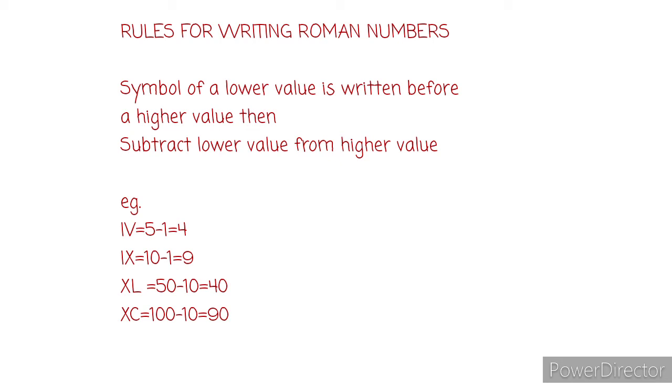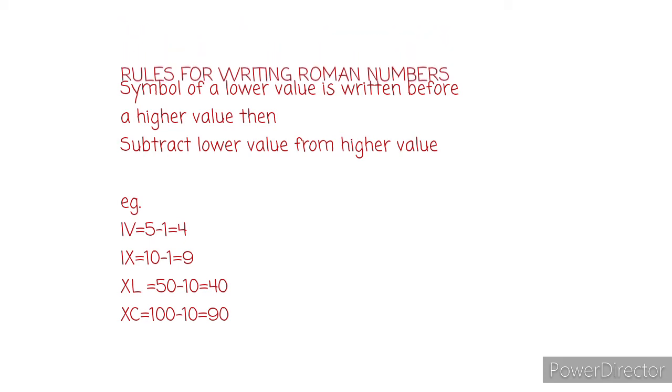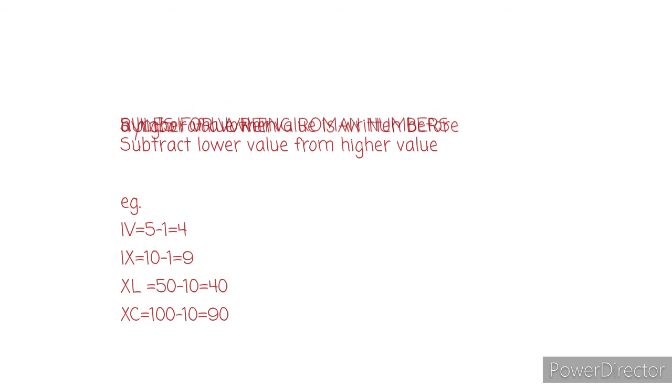Likewise, IX represents 10 minus 1, that is equal to 9, because I is written before X. Same way XL and XC. We have to note in our mind that if a lower value is written before a higher value, it has to be subtracted.